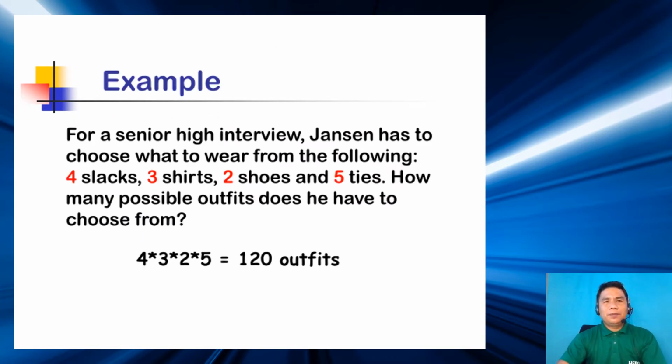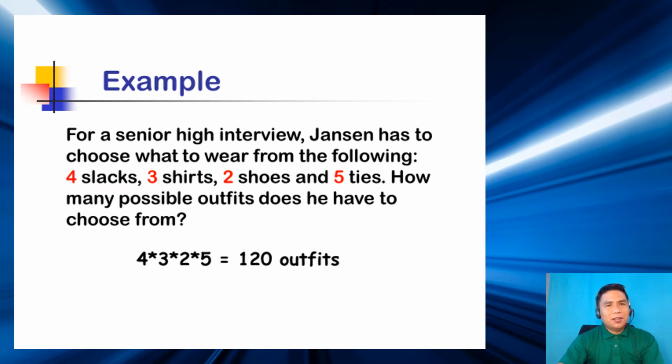For example, Jansen has to choose what to wear from the following: 4 slacks, 3 shirts, 2 shoes, and 5 ties. The question is, how many possible outfits does he have to choose from?